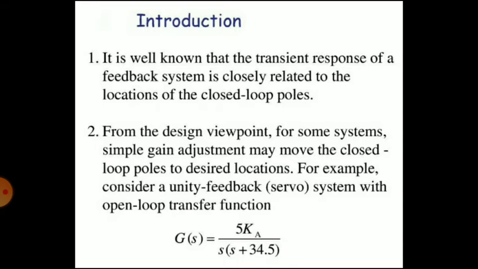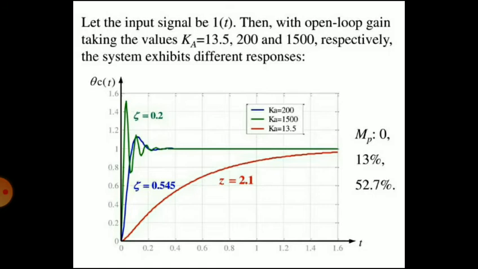The transfer function is given, and let the input signal be applied. With the open loop gain taking the values Ka equal to 13.5, 200 and 1500 respectively, the system exhibits different responses.